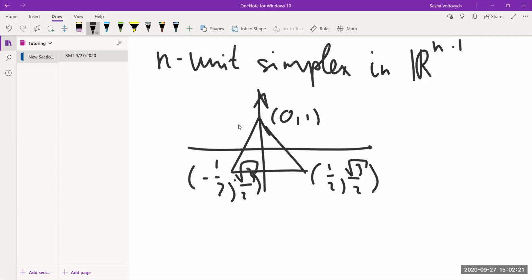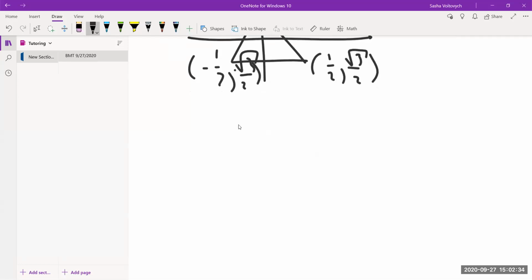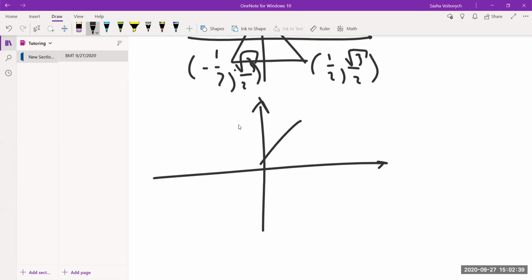So the trick here is instead of considering an n-unit simplex in R^(n-1), we consider n-unit simplex in Rn. So for instance, if we look at an equilateral triangle in 3-dimensional space, we can position it in that way that it will have all nice coordinates.